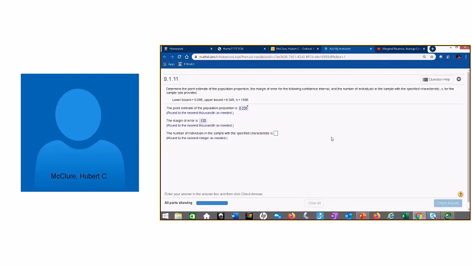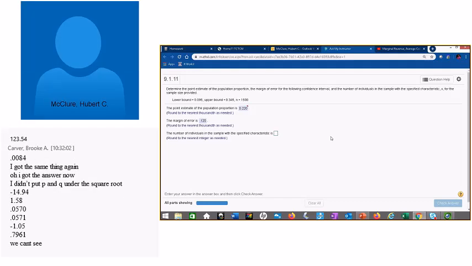You're finding the middle. Okay? Well, dang, I had 0.22 right there, and I put margin of error. Now, why did I do that? That's your p hat. And then your margin of error is going to be this from that, or this minus this, whichever, because that's in the middle. So you just got to find the difference between those two. Oh, I'm sorry. I'm so sorry.